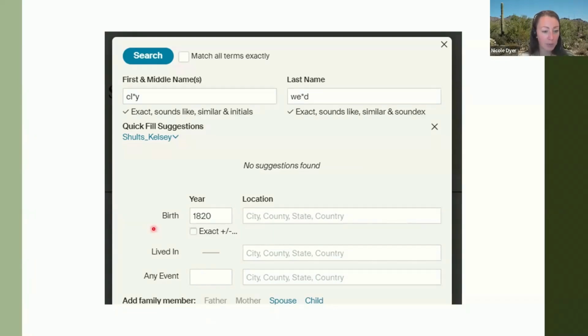And so remembering the rule that I had to include 3 characters, I decided to put the asterisk in the middle. And so I put CL asterisk Y and WE asterisk D in case the middle part of the name got messed up. And then I kept the birth as 1820, but because the location of her birth varied from 1860 to 1880, I left that blank in case it was different again.